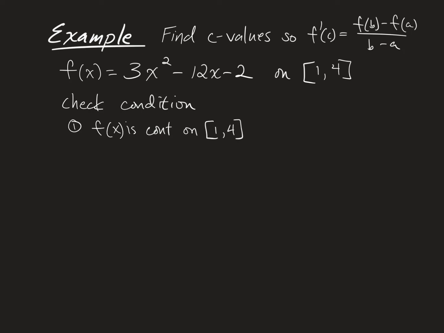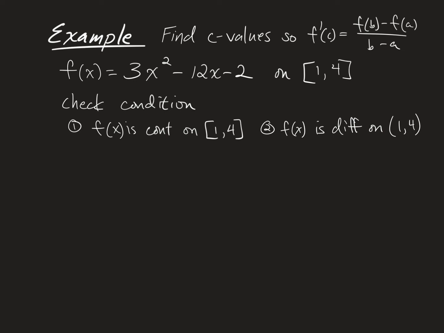And you can just cite the fact that f of x is a polynomial. Polynomials are continuous. The other one is f of x is differentiable on the open interval 1 to 4.